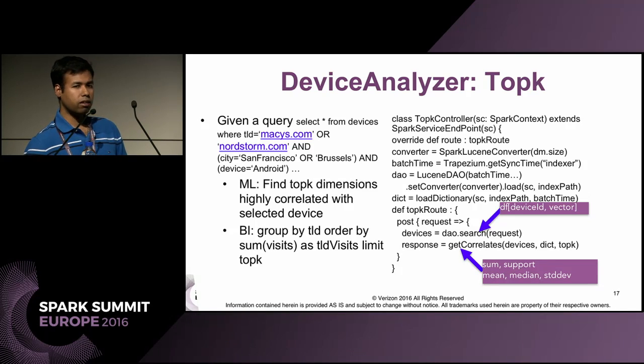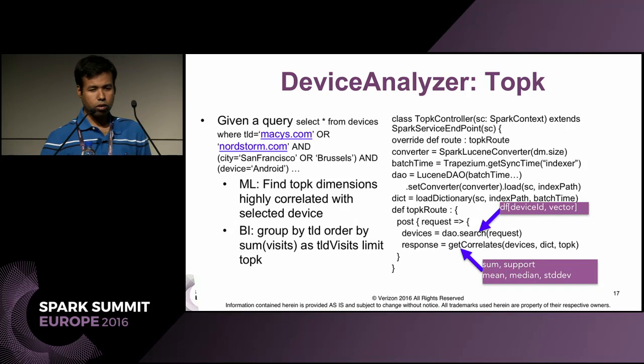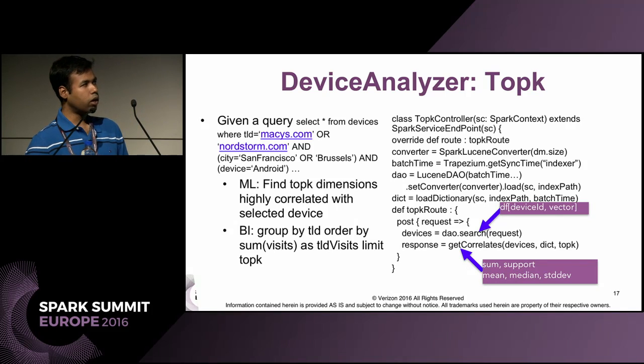Request comes in as an HTTP request, and your response goes out. What do you do in the response? First, based on the request, you do a search. And this search gives you a data frame. It's no longer giving you Lucene documents. This is the LuceneDAO supported in Trapezium, and the search gives you a data frame of device ID and vector. This vector is the sparse vector stored field that we talked about.